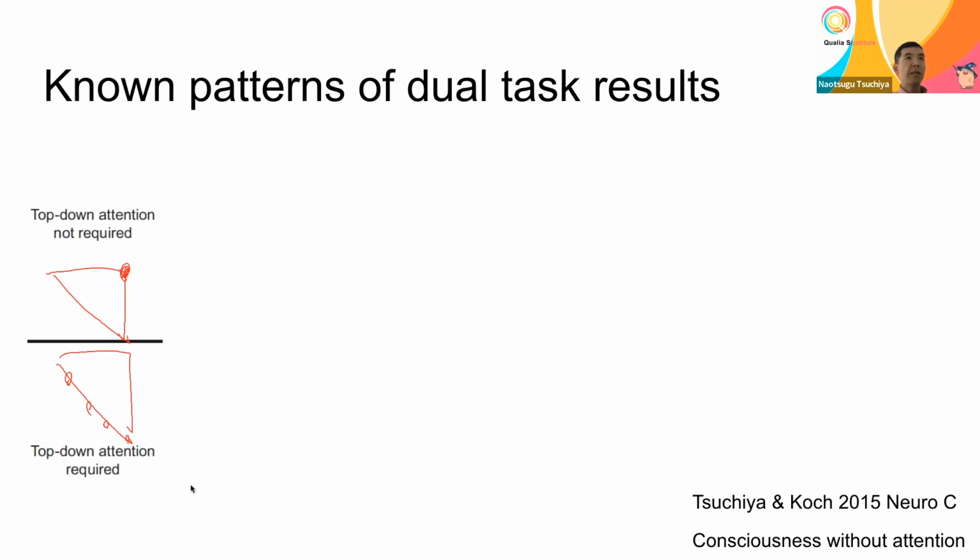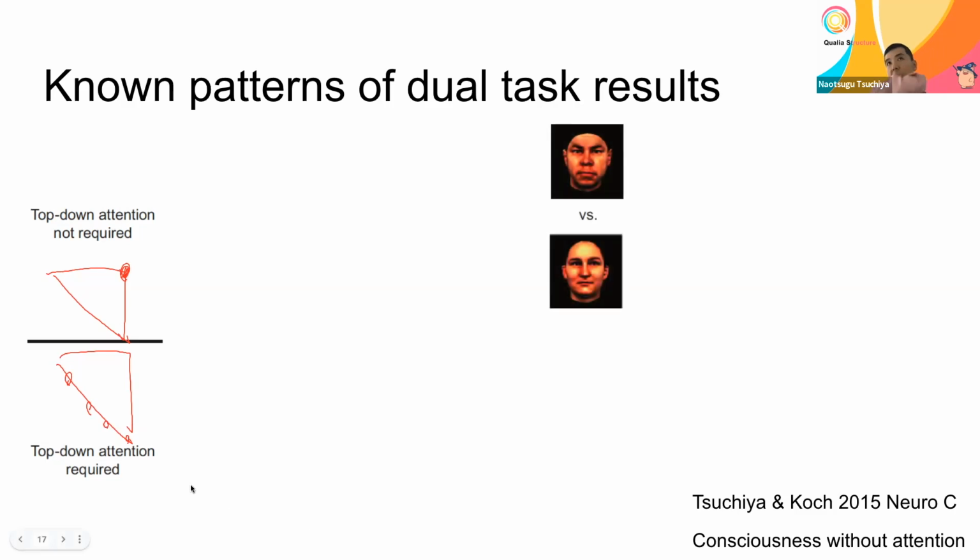It turns out that face gender discrimination does not interfere with the letter task, whereas red-green versus green-red does interfere. Also, if you present rotated Ts and Ls in the periphery, they also interfere with the central letter task, even if magnified and big enough.